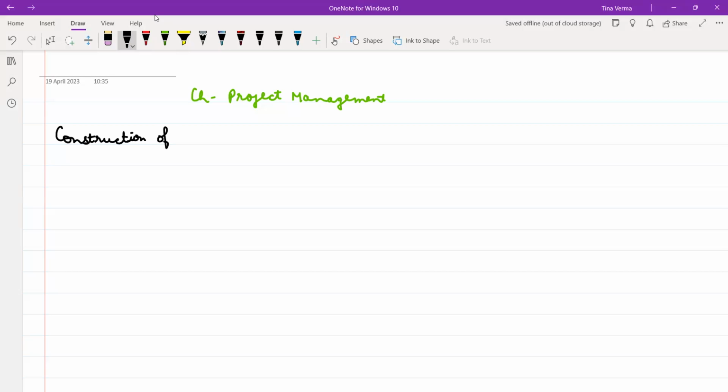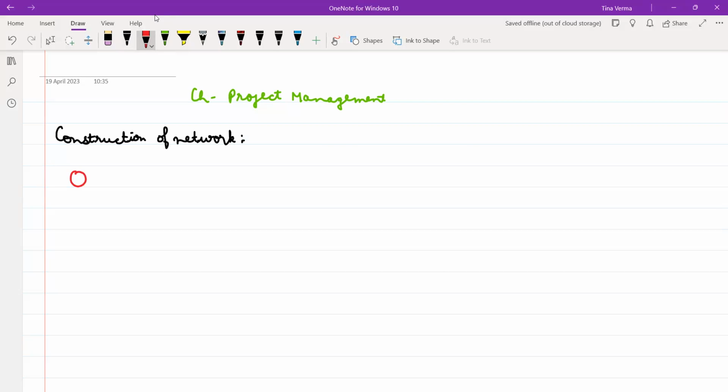Then you can start the process of the roof. It cannot happen that on the first day you construct the roof. So there is some process that it should follow, and you can start activities by following some activities. So construction of a network consists of that. There are some rules for the construction of networks.